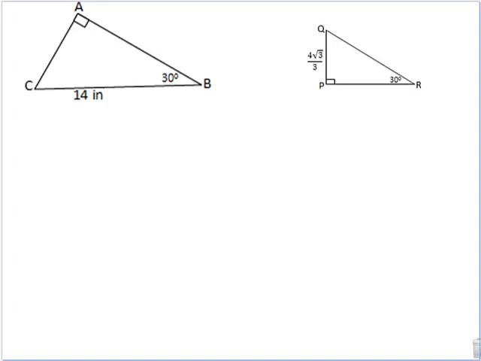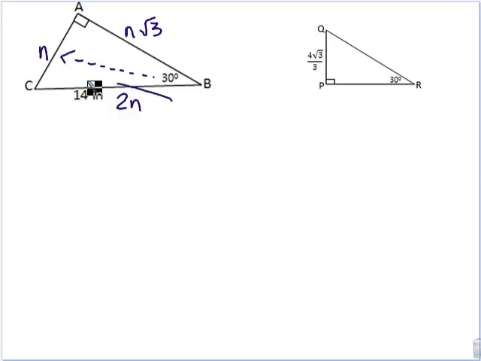The 14. How do we know the side 14 would be the 2n? It's the one opposite of the 90. It's the hypotenuse. Okay? What will I label the side opposite of the 30 degrees? This one is n, and the other one's n square root of 3. So opposite of the 30 degrees is our n.